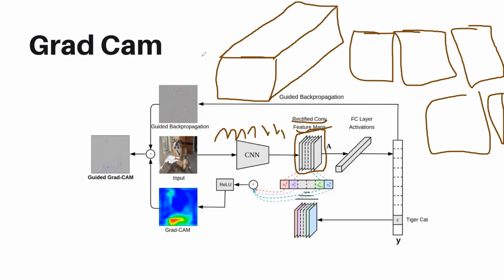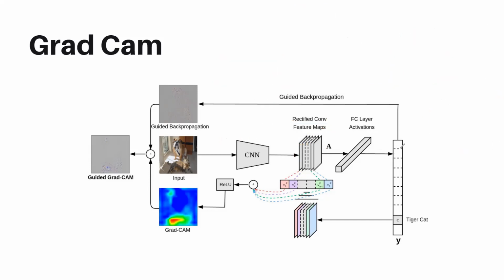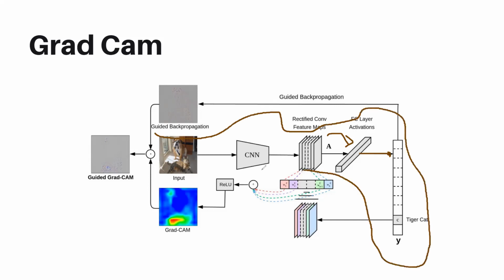If we set them apart, they would look like 1, 2, 3, 4, 5, 6, 7, for example. After we have them, we simply flatten all of this, send it to the fully connected layers, and then make the classification. So this is the basic CNN. So far easy, right?